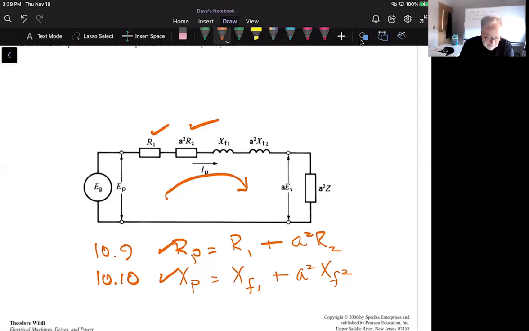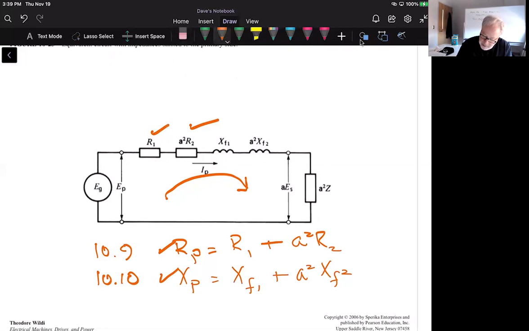And then if we want to get the total impedance, Z is equal to the square root of R squared plus X squared, right? Back from ancient days when we were just learning all this stuff.